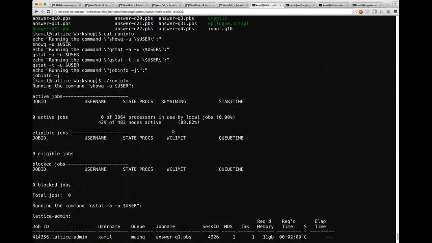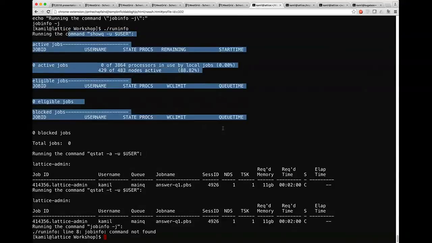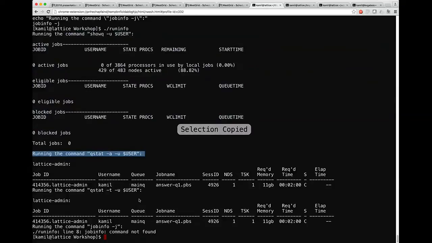So I put it in here so I don't have to type in all those commands multiple times all the time. But it gives you first the show Q minus U output, then the QStat minus A output, and so on. And then it fails trying to give you the job info minus J output.